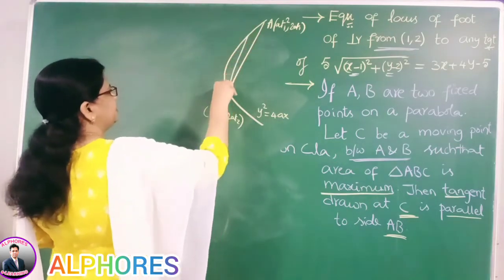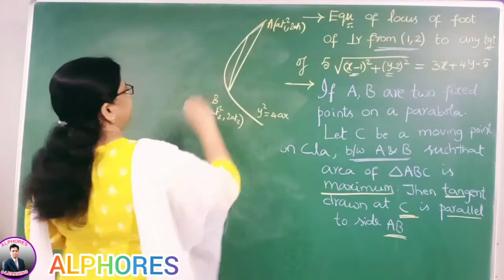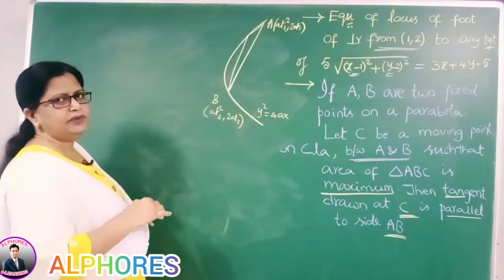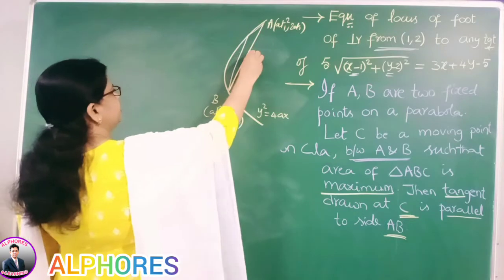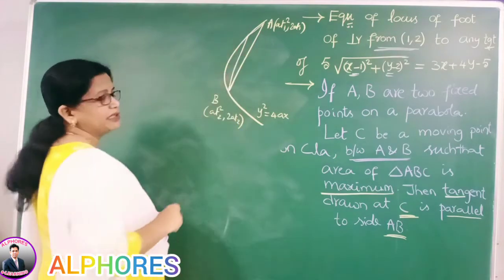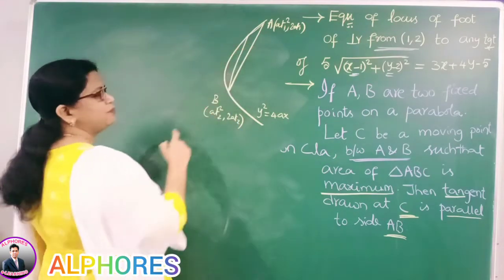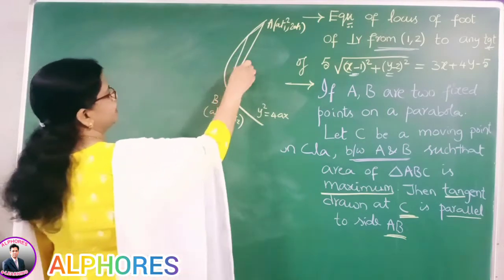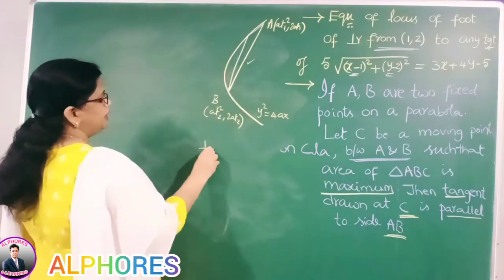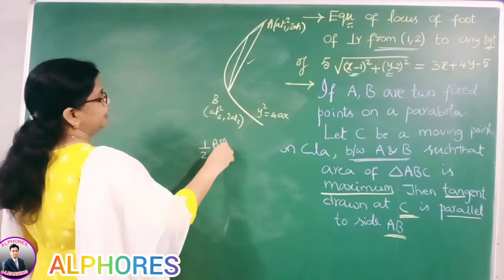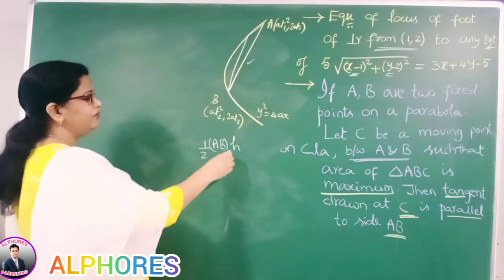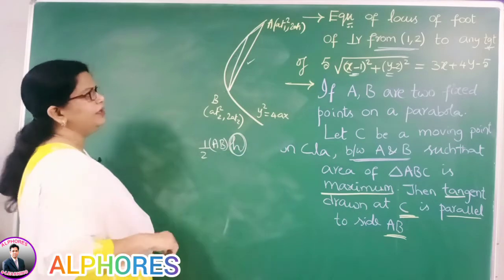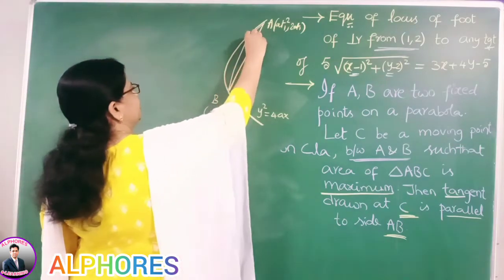The known formula for the area of a triangle is half base into height. This base AB is fixed because A and B are fixed points on the parabola. So the maximum area depends on the height. If I take C here, this height is small.